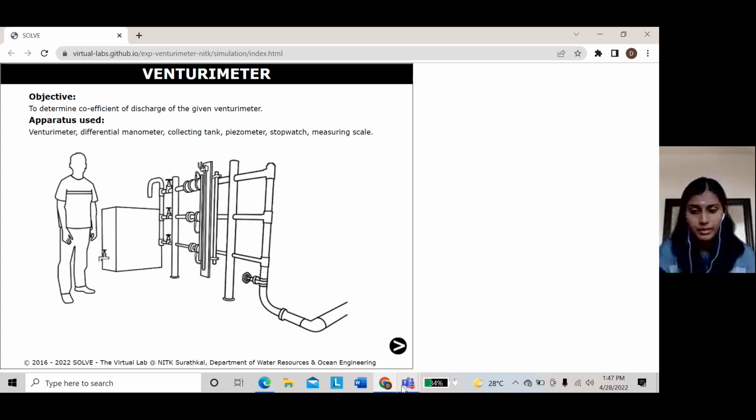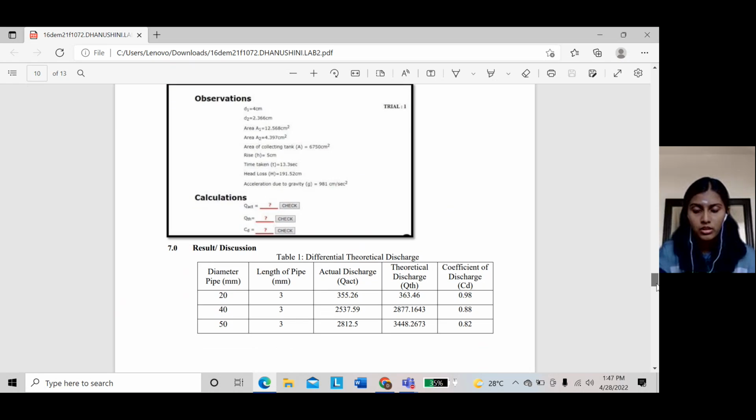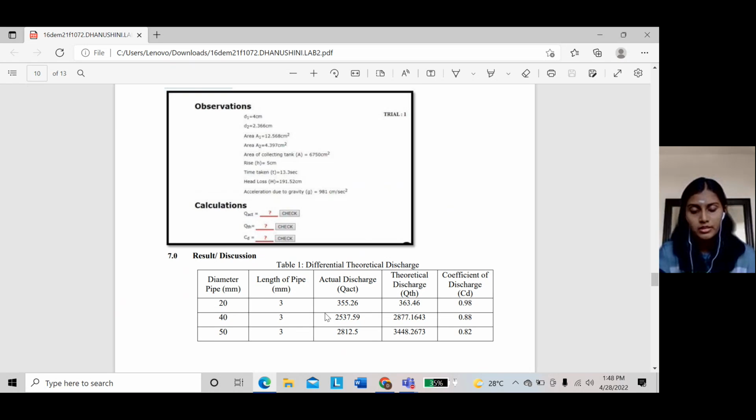Now the steps are repeated for the 20, 40, and 50 millimeter pipes in the same way. From the simulation, for 20 mm the actual discharge is 355.26, theoretical discharge is 363.46, and coefficient of discharge is 0.98.